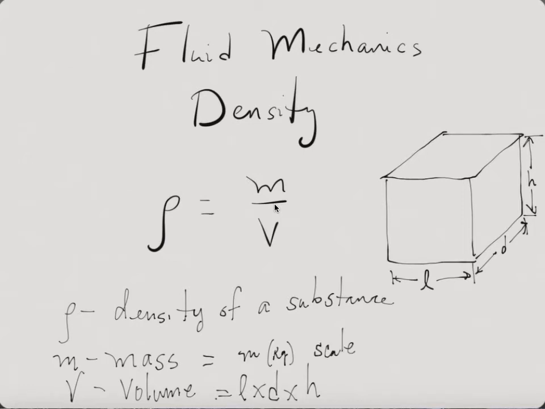So now that we know mass and we know the volume, we would be able to calculate the density. That would just be the mass over L times D times H, if you so needed to do that particular calculation.